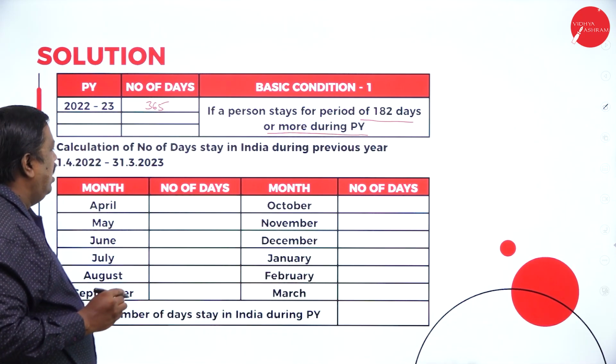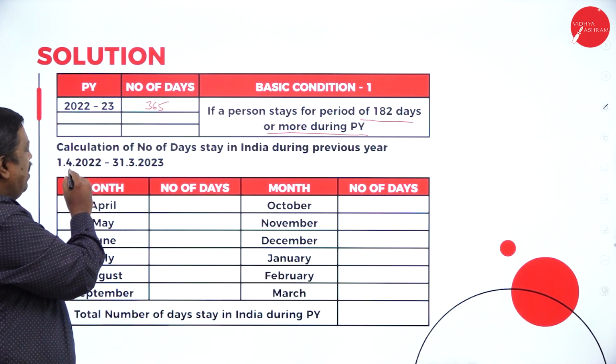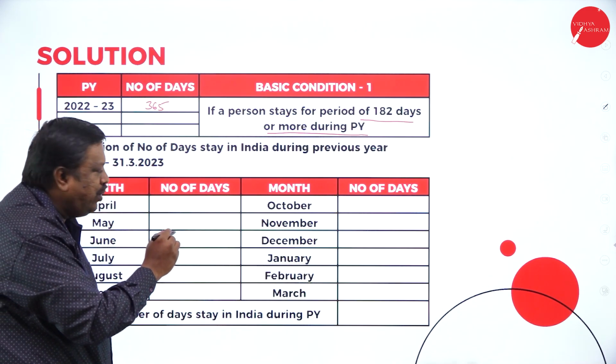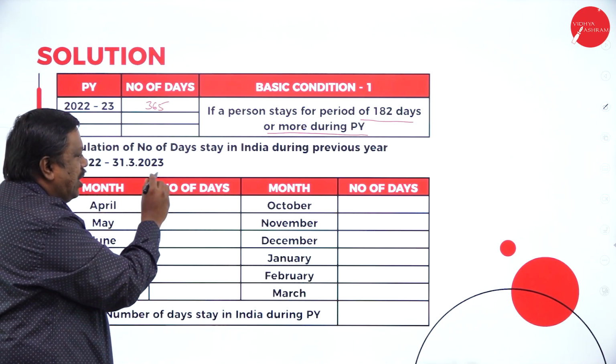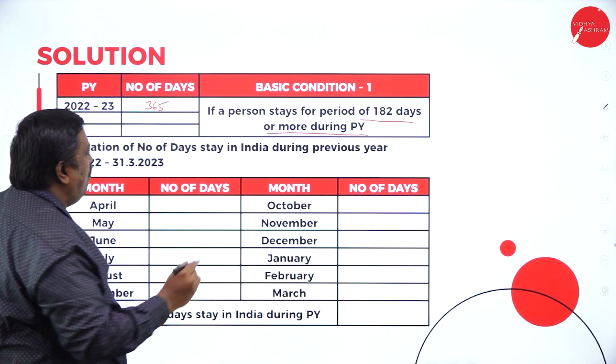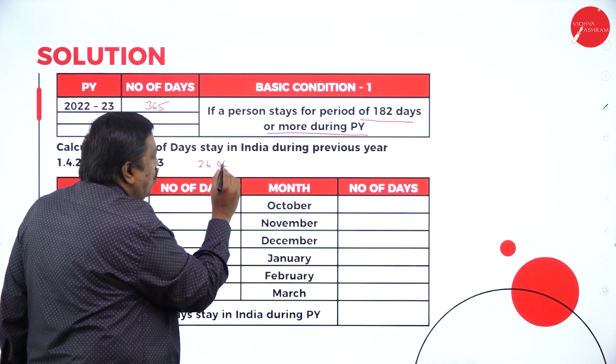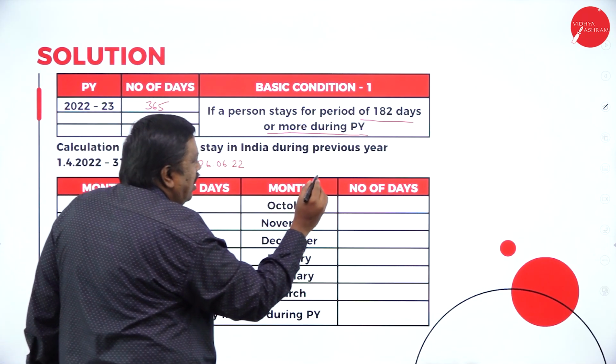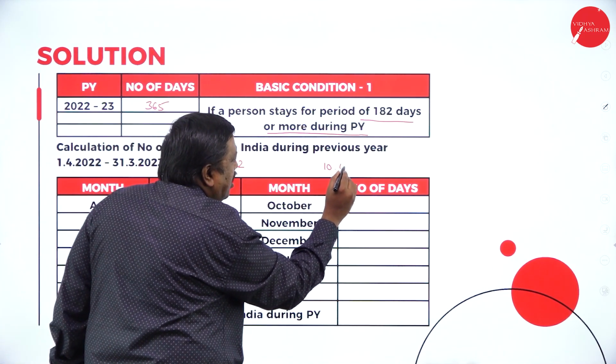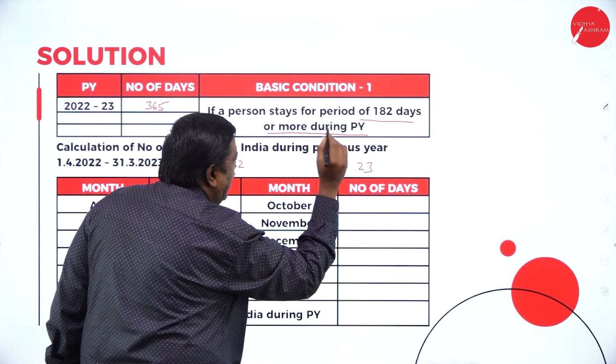My previous year runs from 1st April 2022 to 31st March 2023. I left India on 26th June 2022 and returned on 10th January 2023.